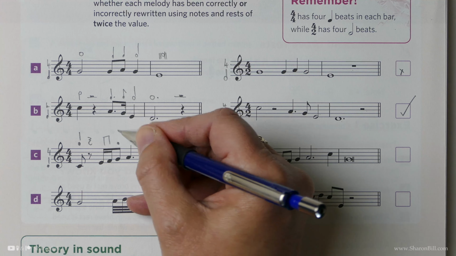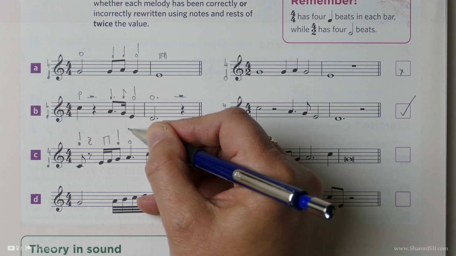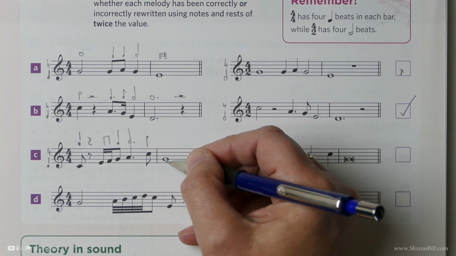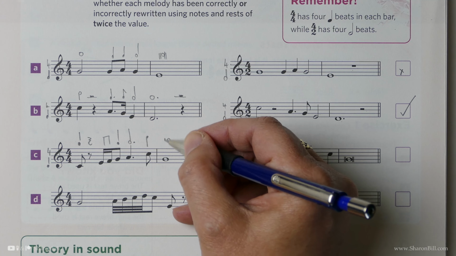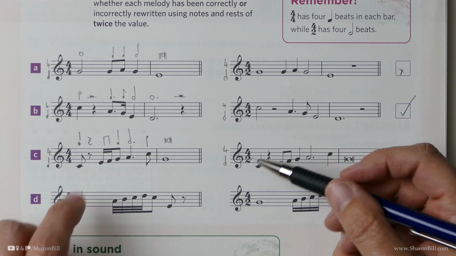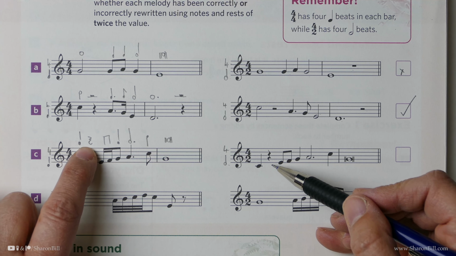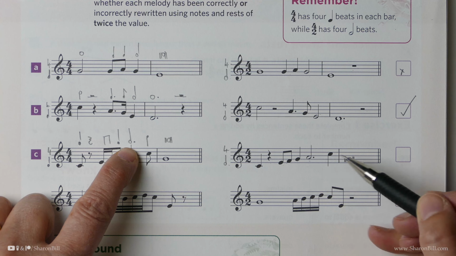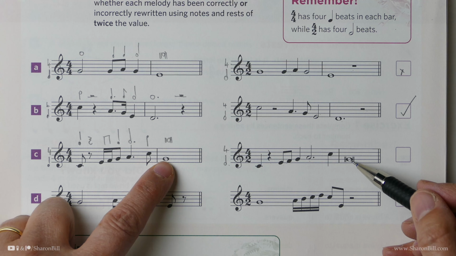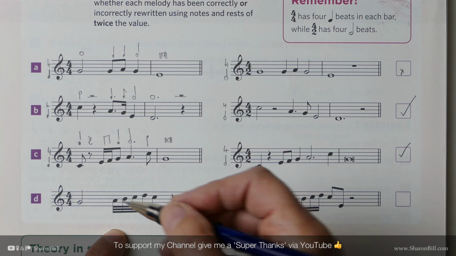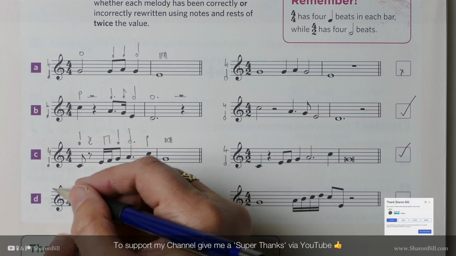A quaver will become a crotchet, a crotchet will become a dotted minim, a quaver becomes a crotchet, and then a semi-breve will become a breve. So what do we have here? Crotchet, crotchet rest, quaver, quaver, crotchet, dotted minim, crotchet, breve. That's correct.